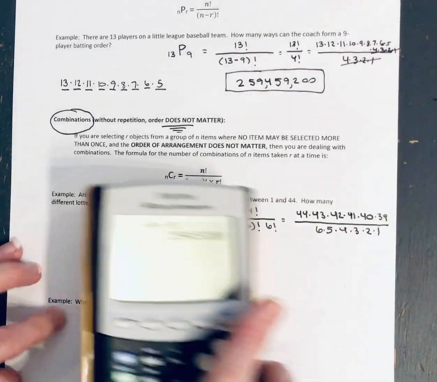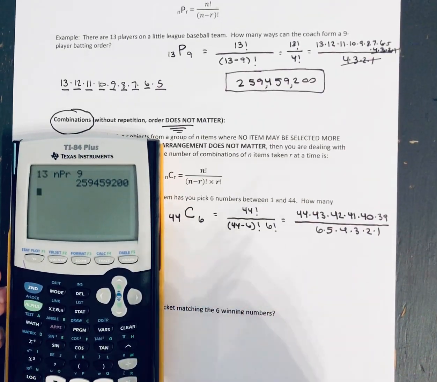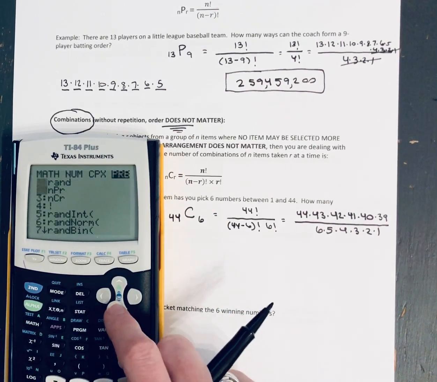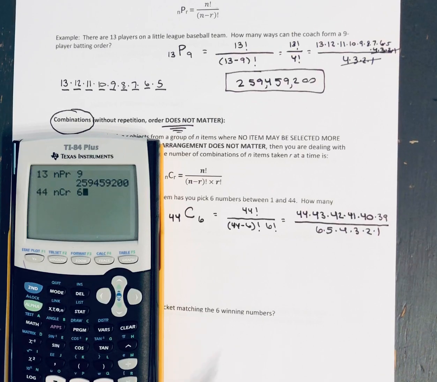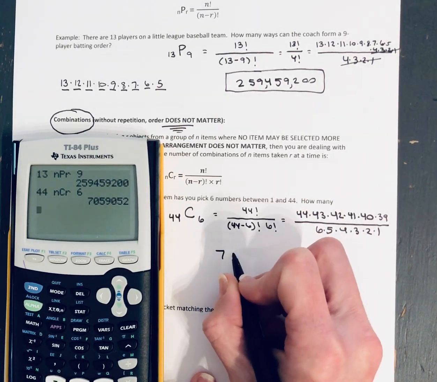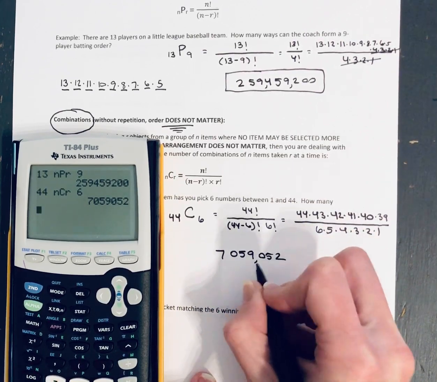Okay, so that's how you could figure that out if you wanted to by hand. We're again going to do it using the calculator. So we put in the larger number first and hit math, probability, and we choose nCr. And we get 7,059,052.